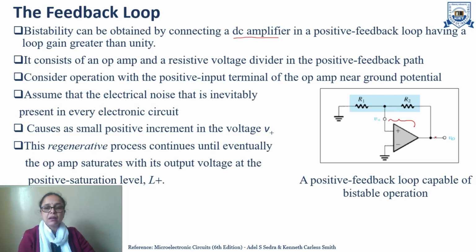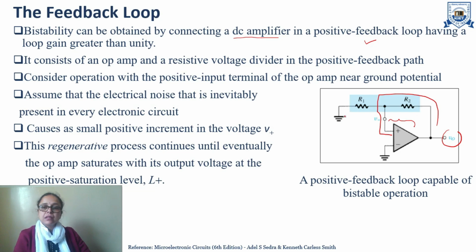A part of the output is fed and applied to the positive terminal input, and it will be added with the input. So it is a positive feedback configuration and this is the amplifier. These two combined can give the bistability in the circuit. Now how this circuit is going to produce the bistable operation, that we will see.